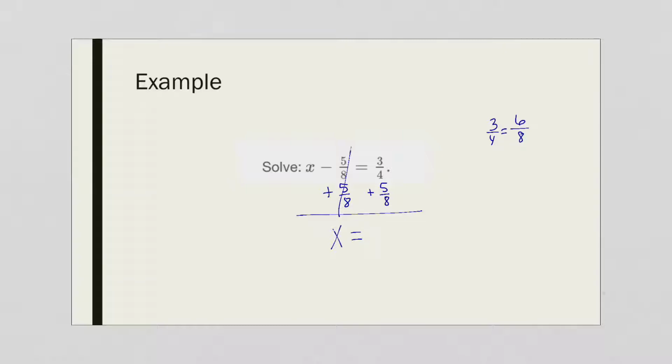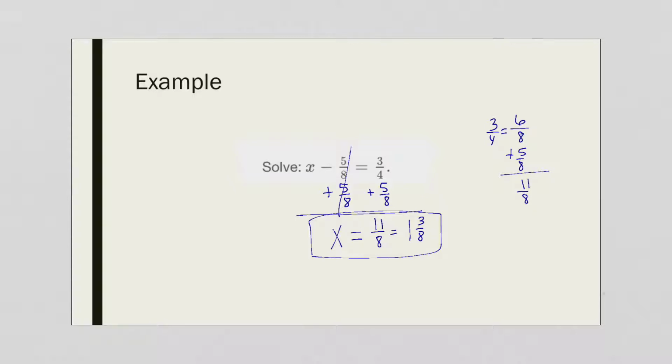So 6/8 plus 5/8 gives you 11/8. So my answer is 11/8. Now, if you did this on your calculator, it gave you an answer of 1 3/8, which is the same answer, and I would accept it for full credit.